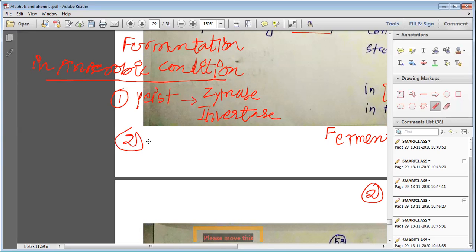And second, if air is present, ethanol oxidizes to ethanoic acid.